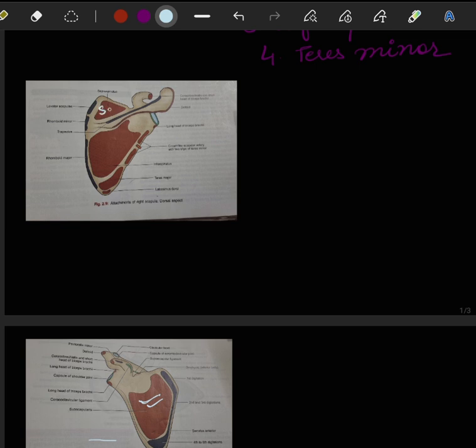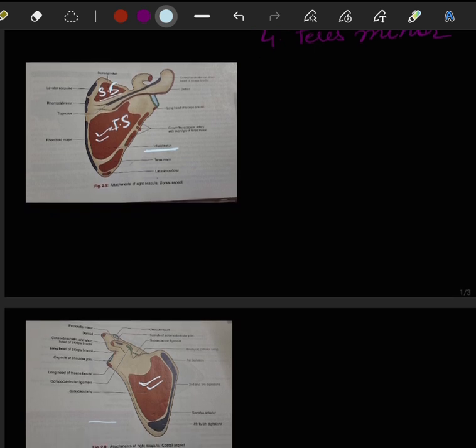Supraspinatus has an origin from the supraspinatus fossa. So it is very easy to remember. So the next we have infraspinatus, which also has origin from the infraspinatus fossa. And lastly, teres minor. Teres minor has the origin from the lateral border of the scapula.